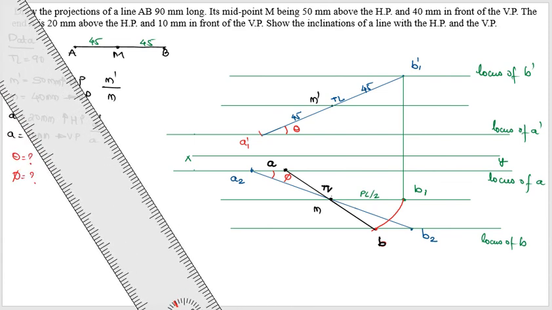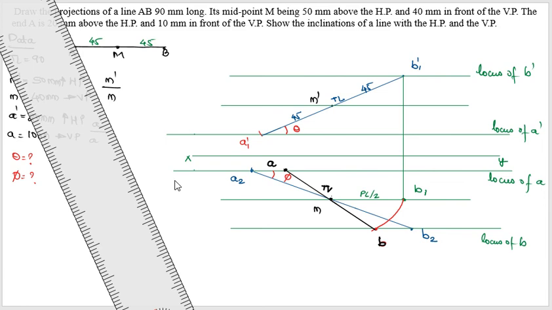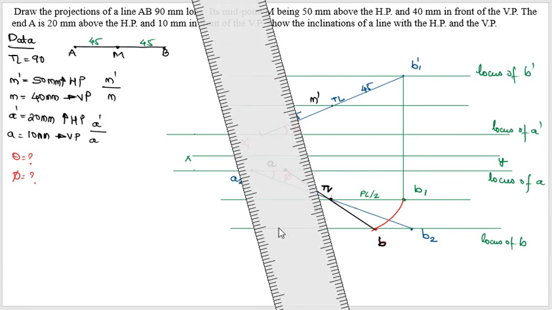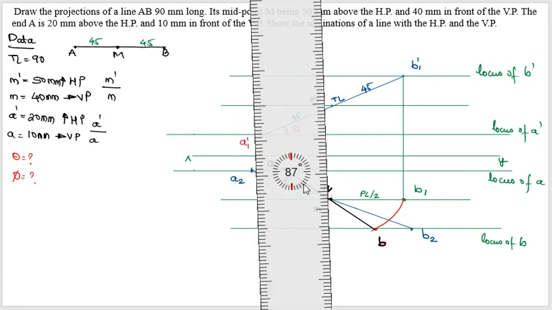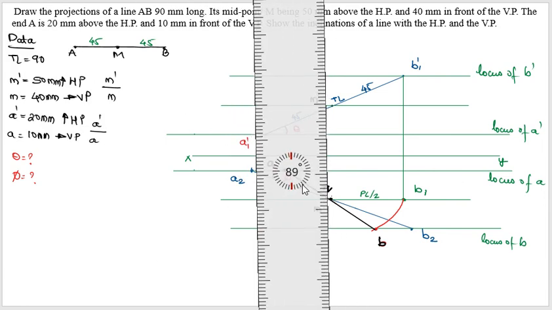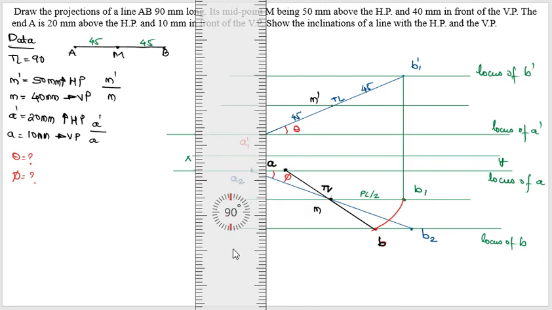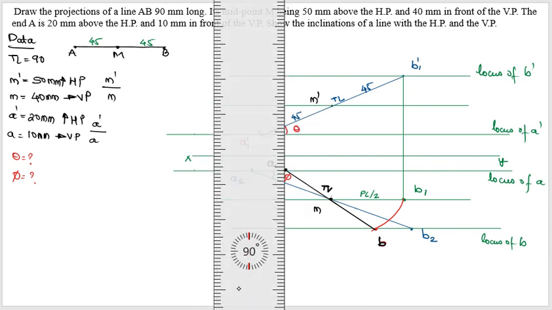I will take a projection of point A dash, because the end projectors A and A dash, B and B dash always lie in one single line. So draw a vertical line.